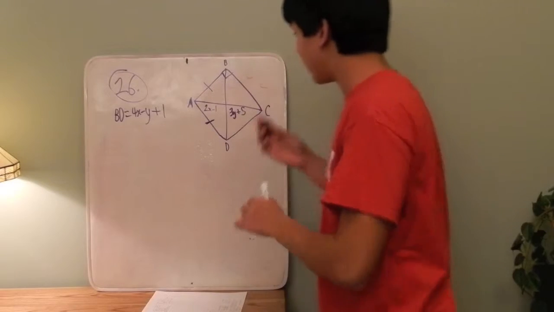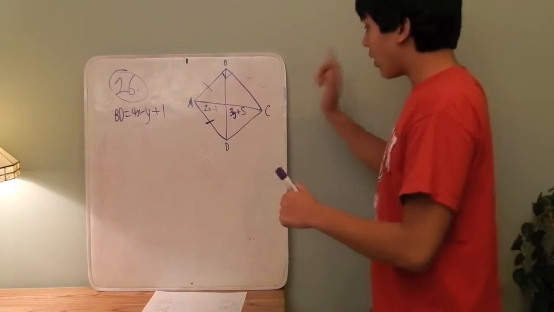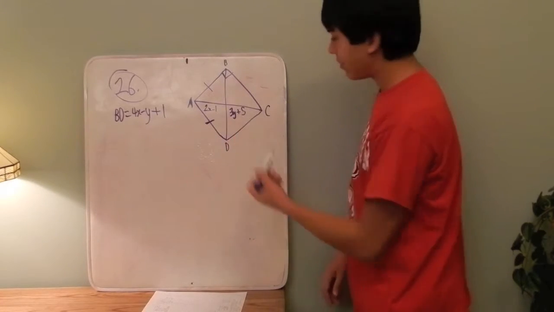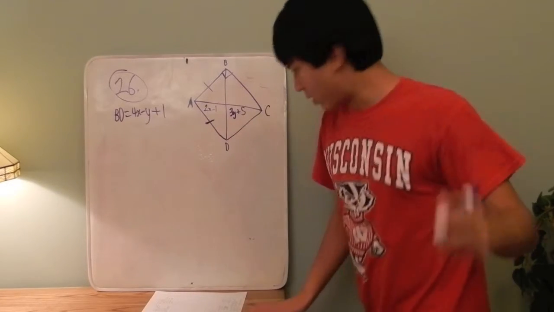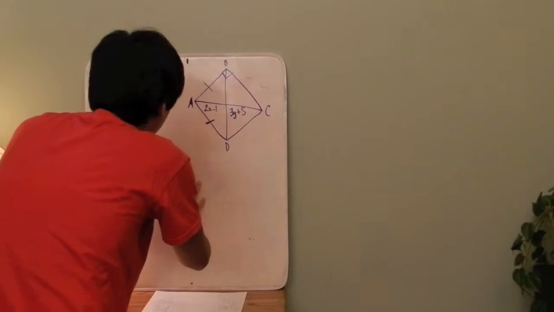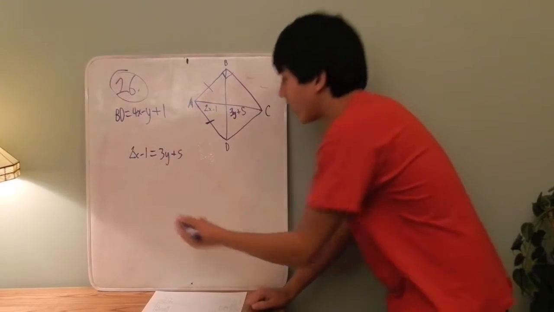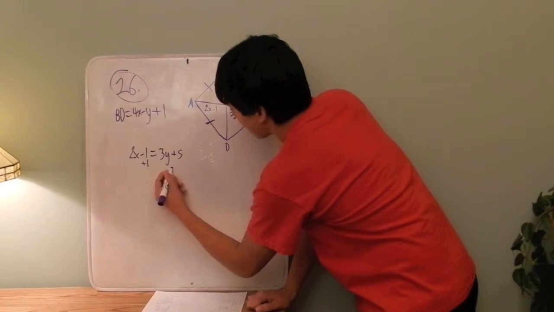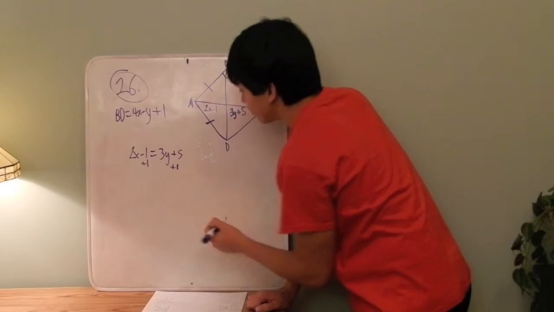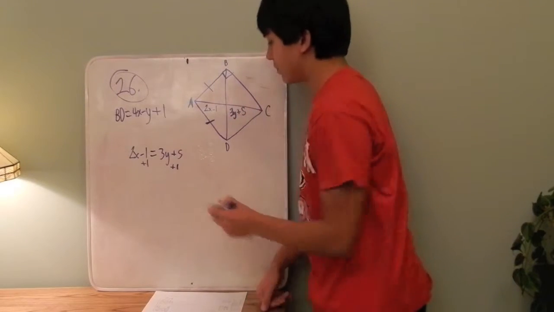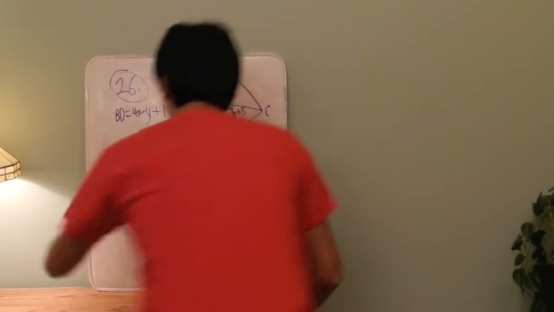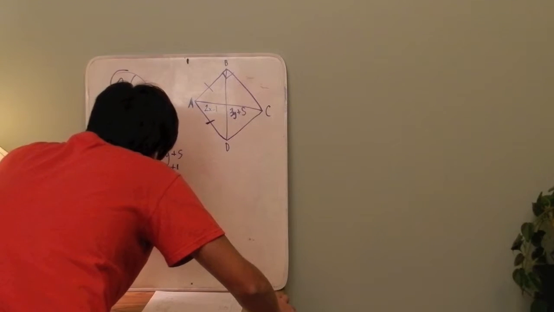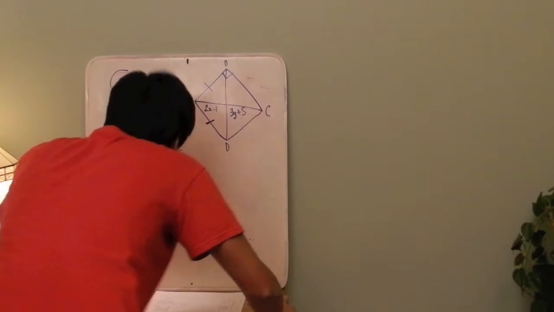Alright, so we're going to find x. To find x, you take 2x minus 1, equal that to 3y plus 5. And then, plus the 1 over here. So add 1 to both sides to make this 2x equals 3y plus 6.